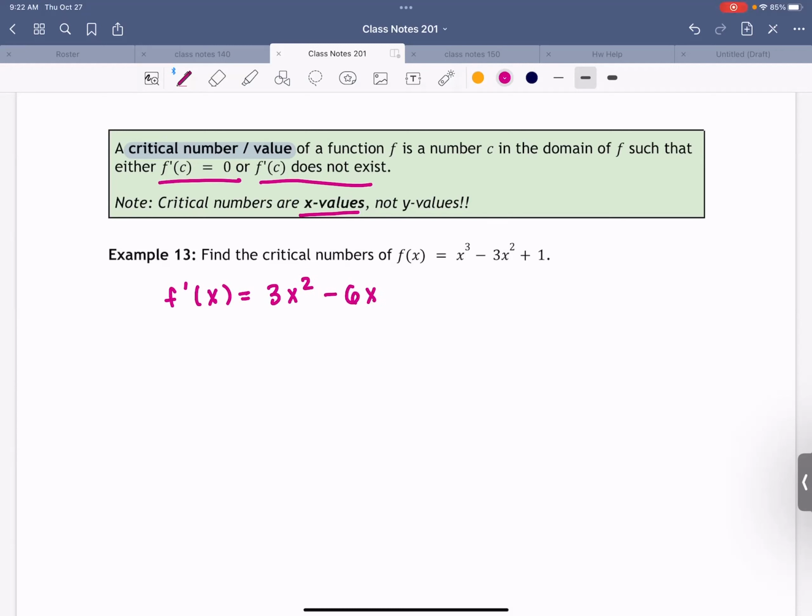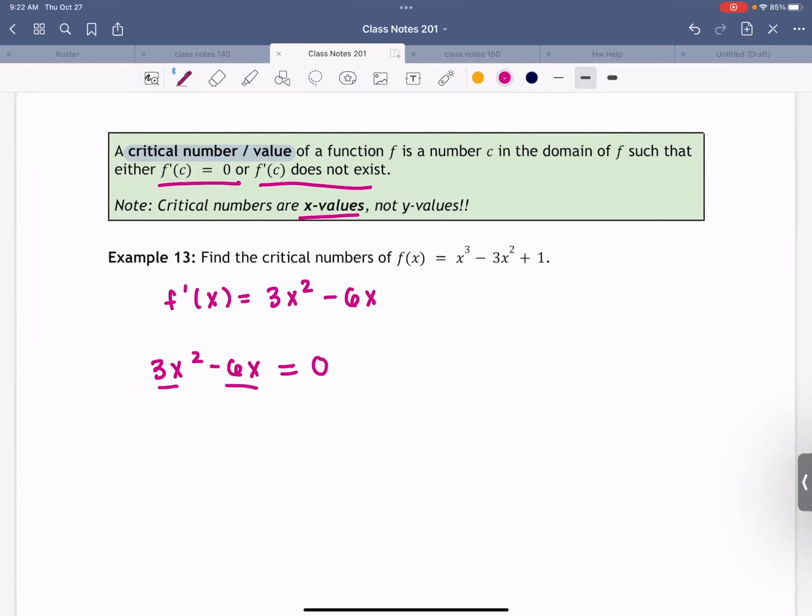My critical numbers happen where the derivative is either equal to 0 or does not exist. So maybe I should set my derivative equal to 0. How can I solve this equation? Factor an x. Yeah, both of these have an x. So I could take an x out, and what would be left inside? 3x minus 6. Good, x times 3x minus 6 equals 0.